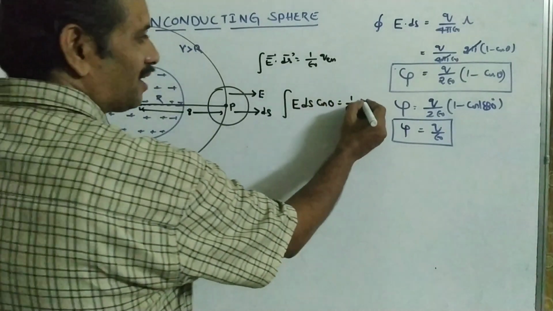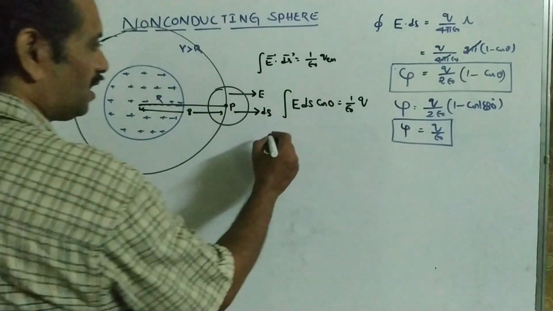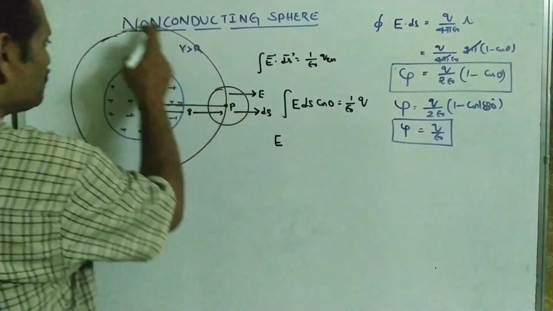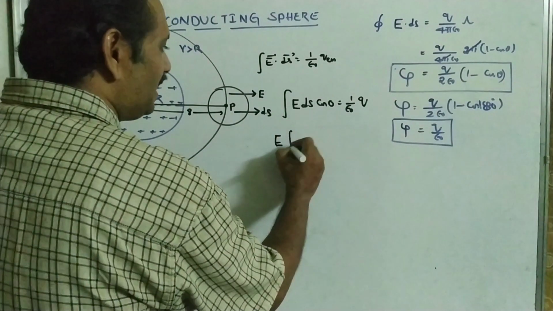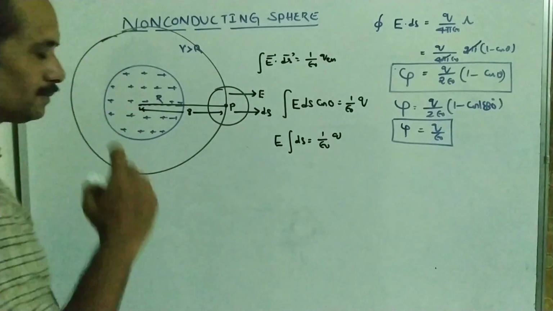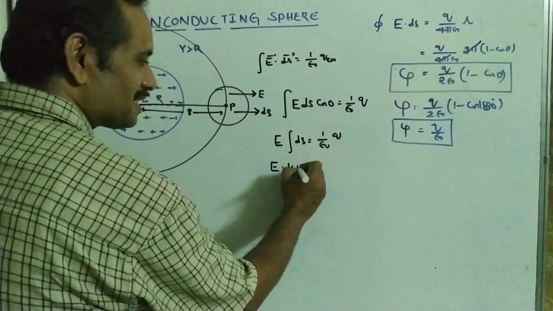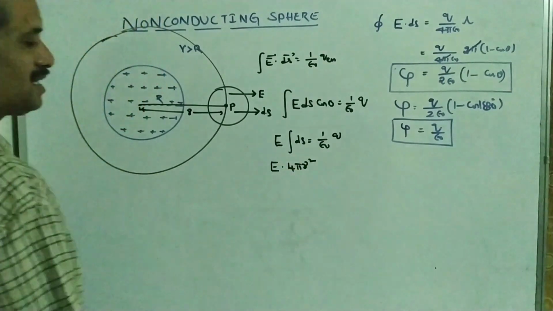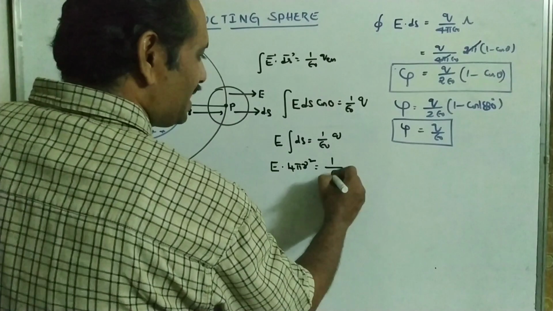The total sphere is inside, so the charge is Q only, the charge on the sphere. E comes out of the integral because the field is constant everywhere. E times integral dS, the area of the Gaussian surface 4 pi r squared, equals Q by epsilon 0.